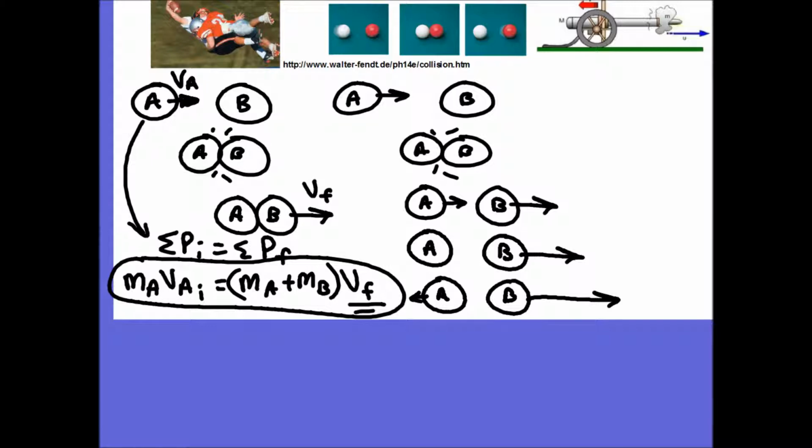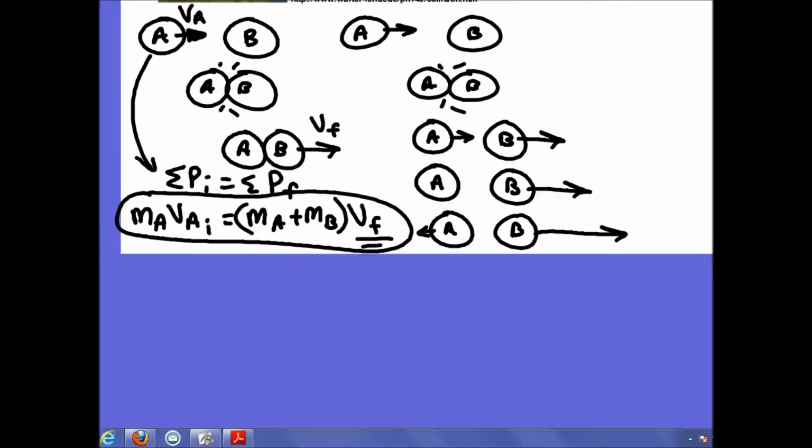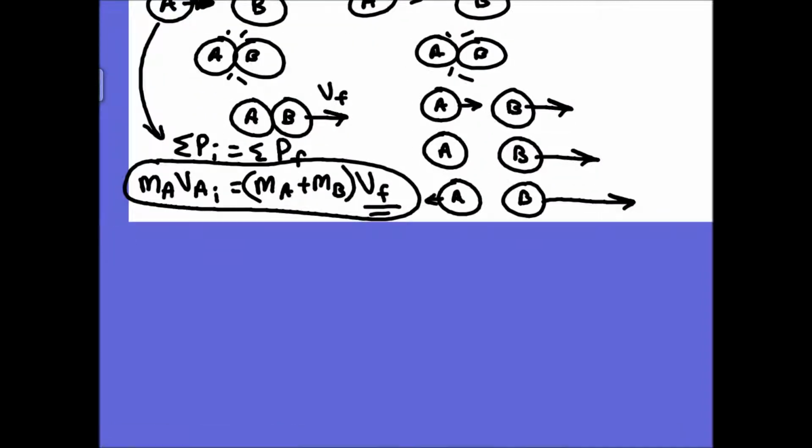How I would set that relationship up to begin with is I would say something along these lines. I'm going to need a moment to get the right screen up here. Here we go. All right. I would write MA VA initial, this is the initial momentum, goes to MA VA final plus MB VB final.